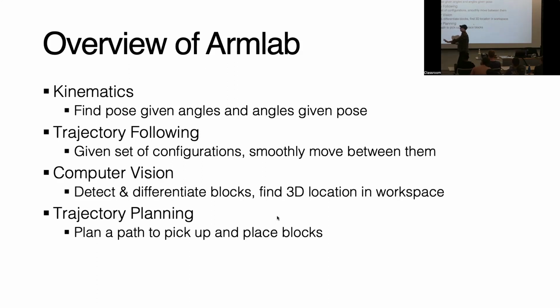You can also do trajectories in the workspace, like following a line or the curve of a surface. If you're building a welding robot, you follow the curve of the metal so you can weld along a precise path. In this case, we're just going to be doing it in configuration space.